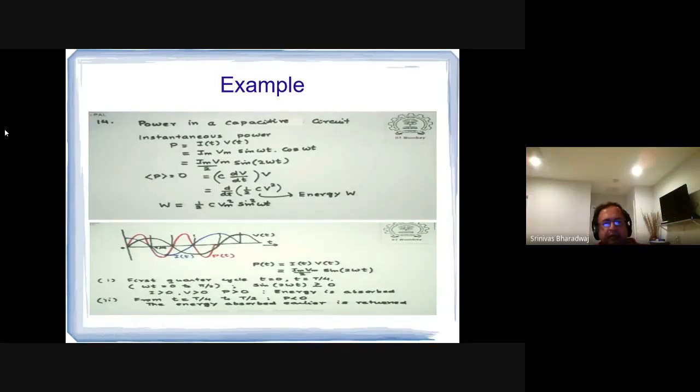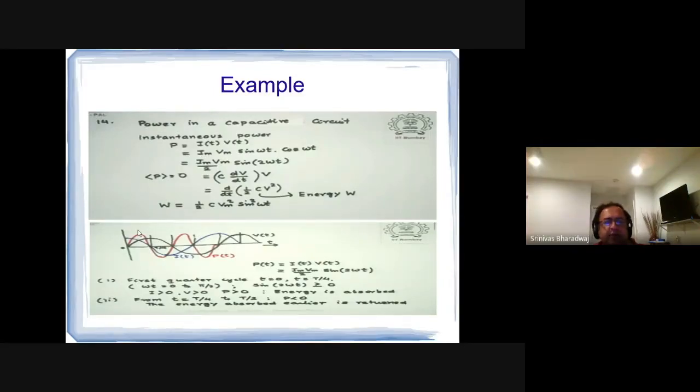So notice that this one is a slower wave, while the power is a quicker wave, because it is 2 omega t. V equals sine omega t, right?